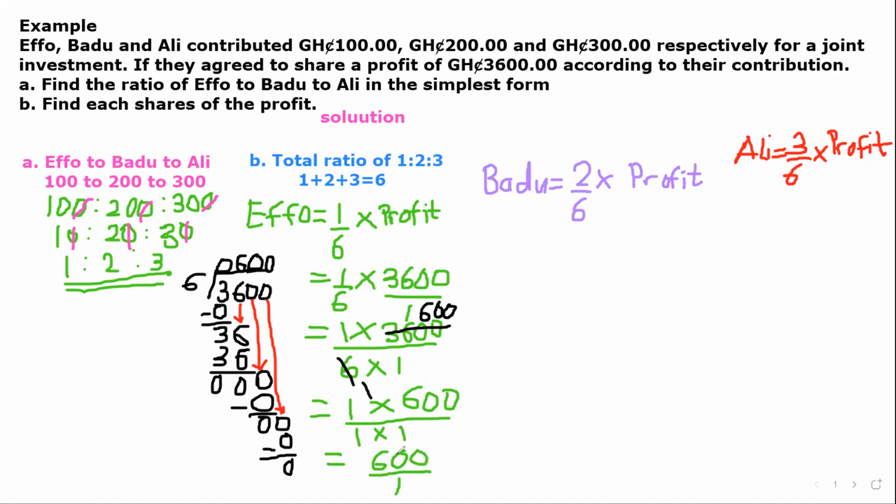And any number divided by 1 is the same as that. So the final answer, if we share, is 600 Ghana cedis.